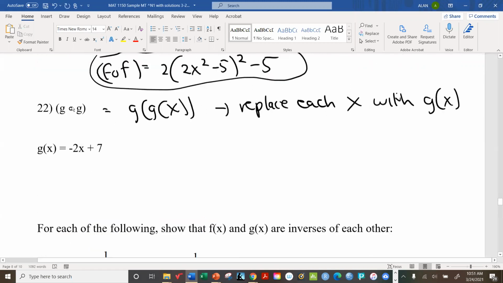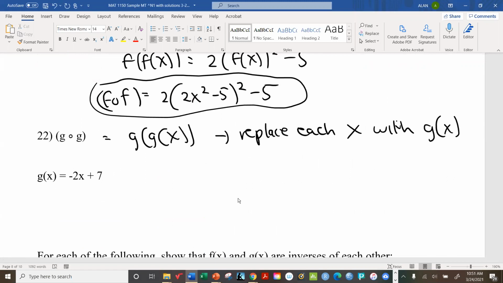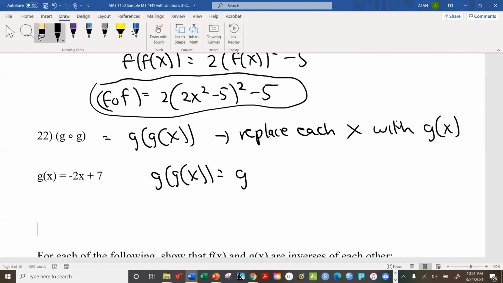So therefore, g of g of x equals negative 2 g of x plus 7.